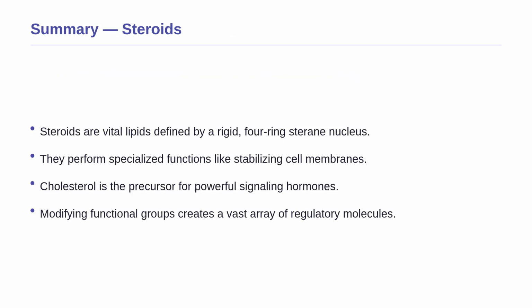We have covered a lot of ground today, so let us summarize the key takeaways. First, remember that steroids are a unique and vital class of lipids, defined not by long, floppy chains, but by their rigid, 4-ring carbon skeleton, known as the steroid nucleus.